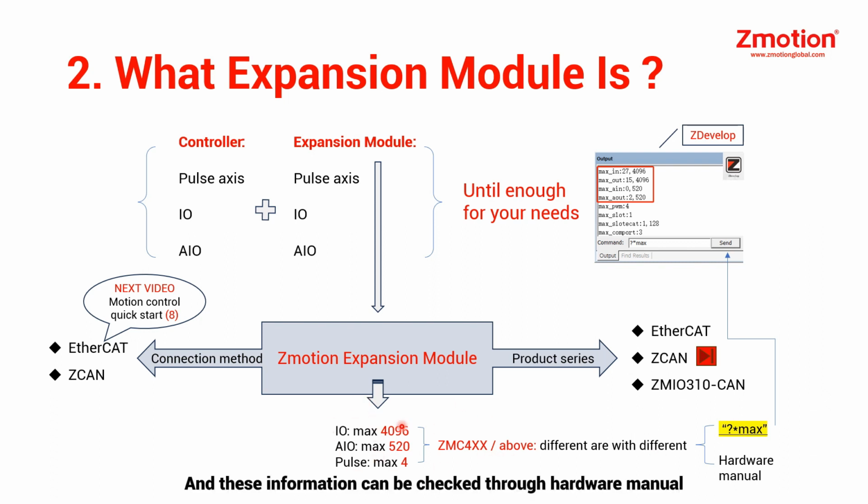And this information can be checked through the hardware manual or through the StartMax command in ZDevelop. The former 1 means the number that is supported by controller itself. Behind 1 means the max number that can be expanded. Today, we mainly talk about Z CAN bus expansion module.